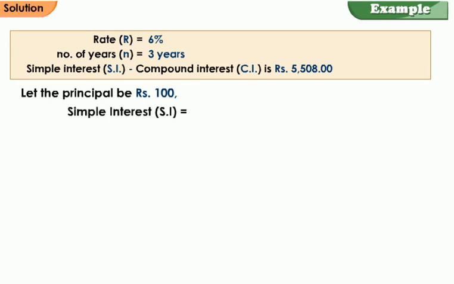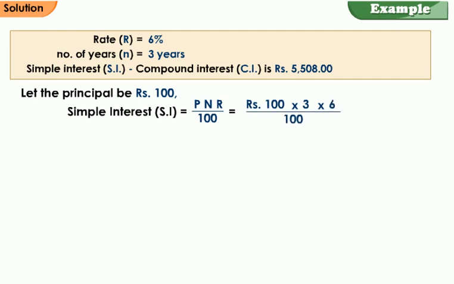So substituting the given values in this relation, we write rupees 100 into 3 into 6 divided by 100. That gives us rupees 18.